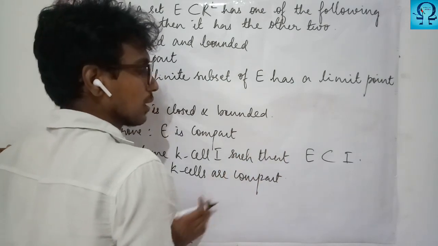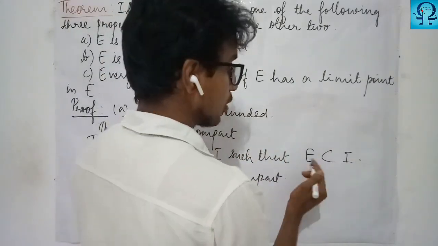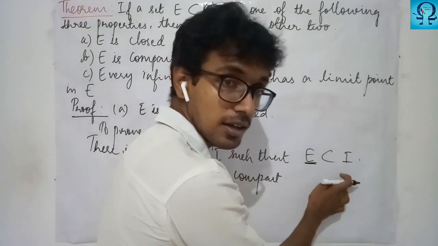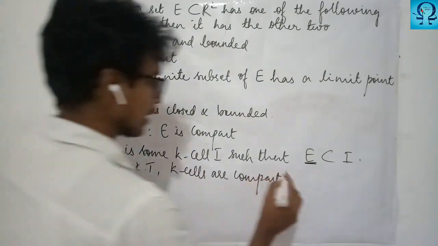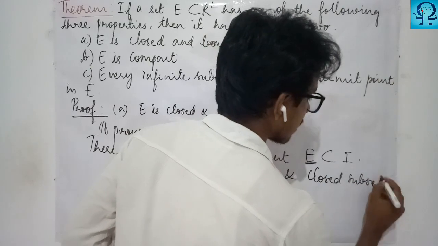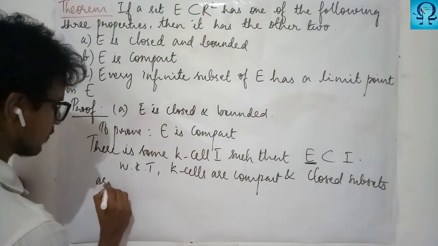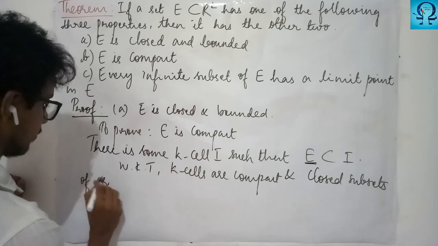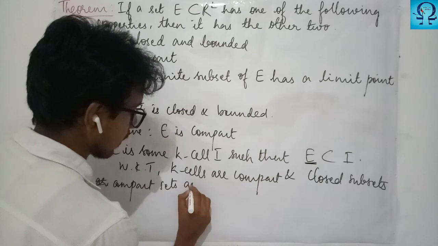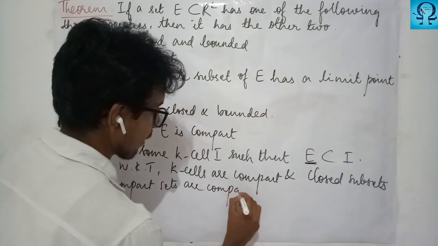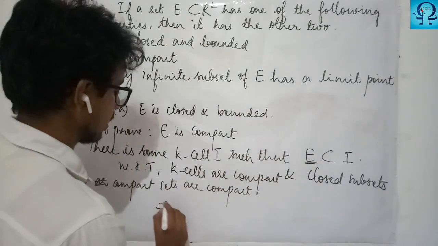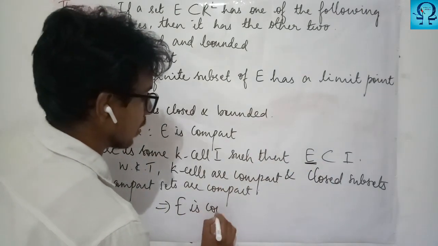Now we are going to use the result that k-cells are compact. Now you can see E is a closed subset of a k-cell. We know k-cells are compact, and also closed subsets of compact sets are compact. And this is why we can conclude that E is compact.